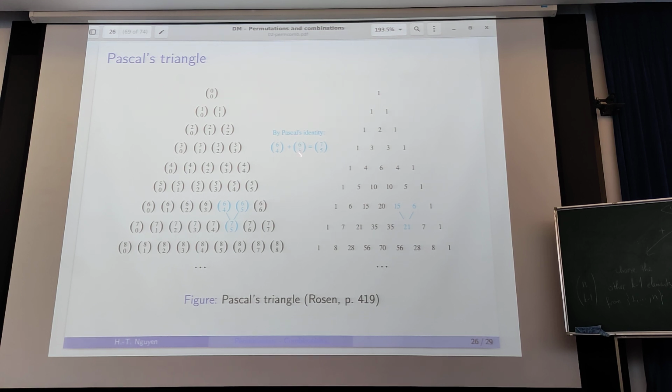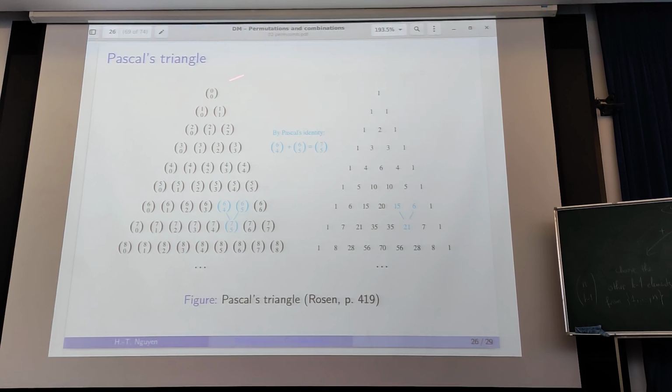Okay. So this identity, you can visualize this. This means that if you take two terms on level 6 here, and you calculate the sum, then you obtain the term below and between the two terms here on the 7th row.